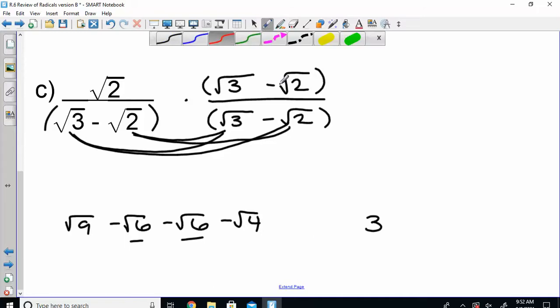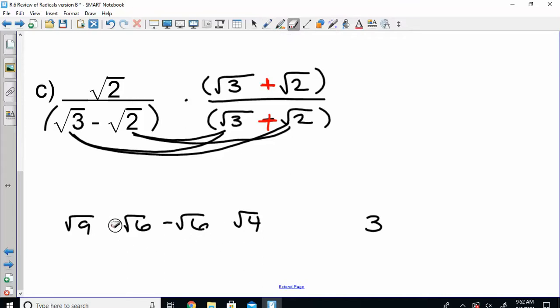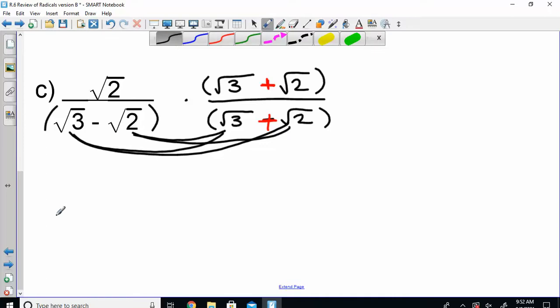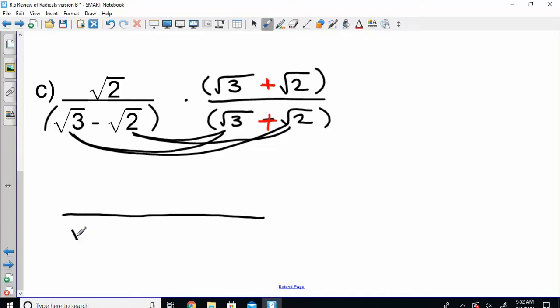So what we have to do is multiply by what's called the conjugate. Conjugate is the exact same thing, but you change the sign in the middle. So it was a minus, now I'm going to make it a plus. Here's why we like that. When I FOIL this time, if I do outside, I get the square root of 9 still.